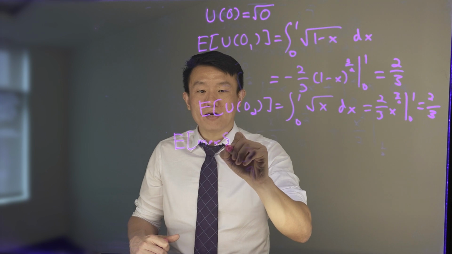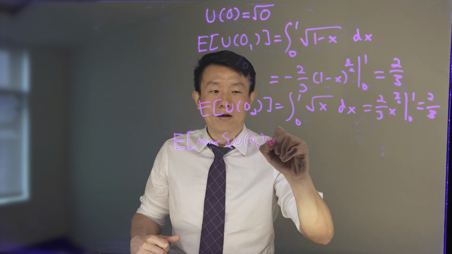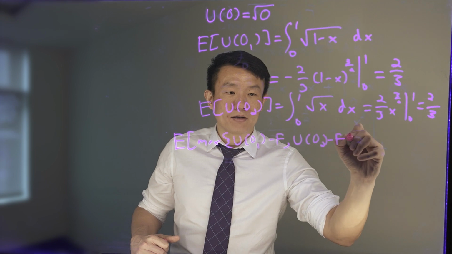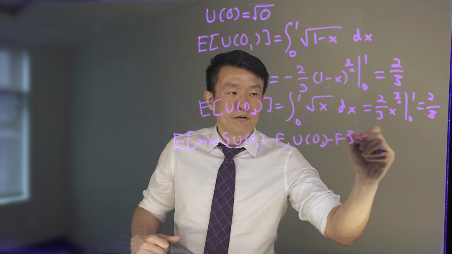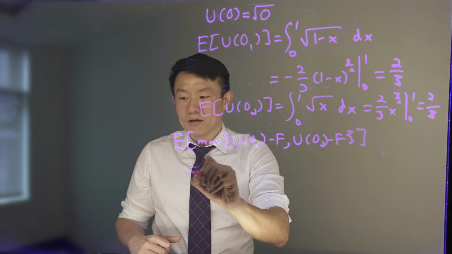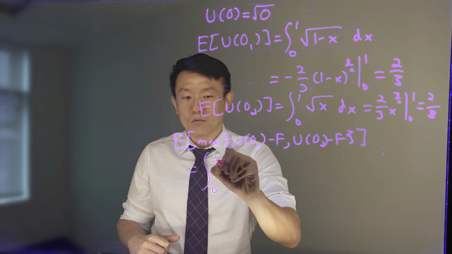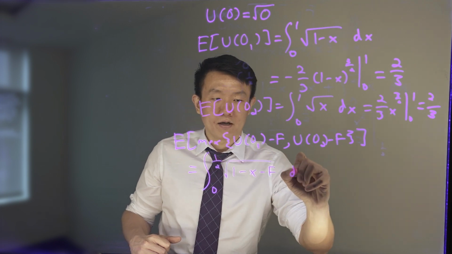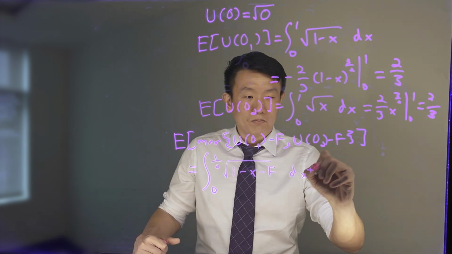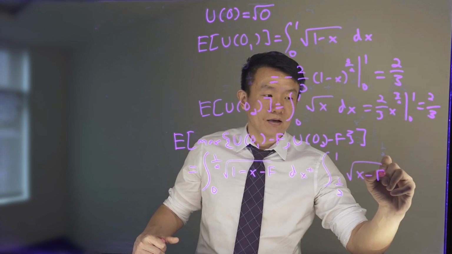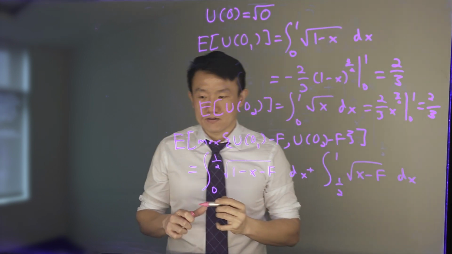So it's going to be the maximum of u of O1 minus f and u of O2 minus f. So that's going to be from 0 to 1/2, the square root of 1 minus x minus f dx, plus from 1/2 to 1, the square root of x minus f dx.